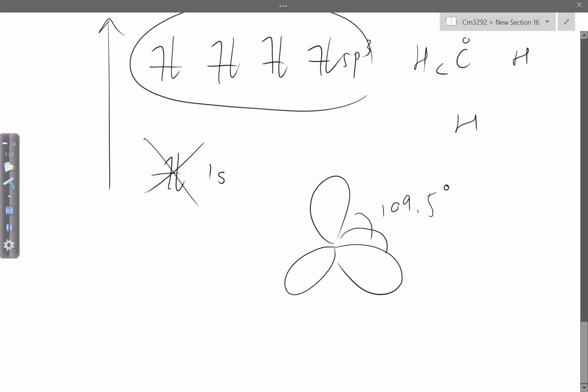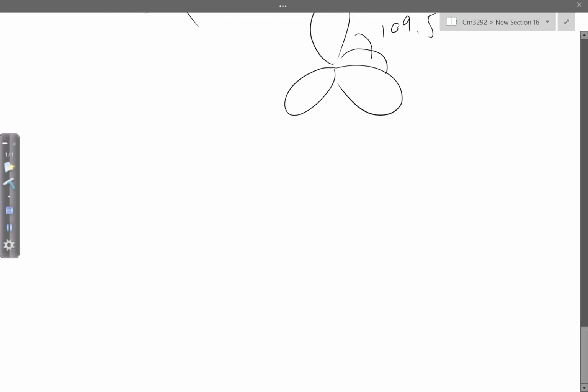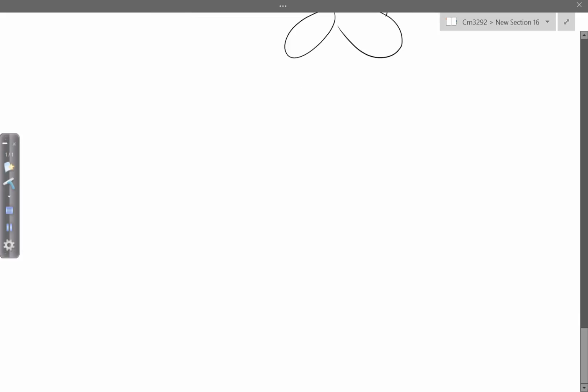So this also explains your bond angle problem. So very good, sp3 explains everything, right, this hybridization. There are other examples of sp3 hybridized atoms, which is this and this, right?